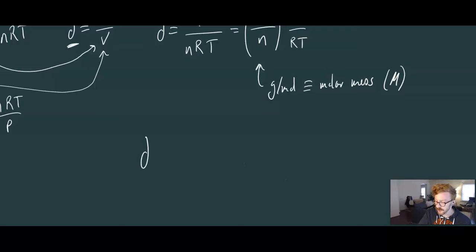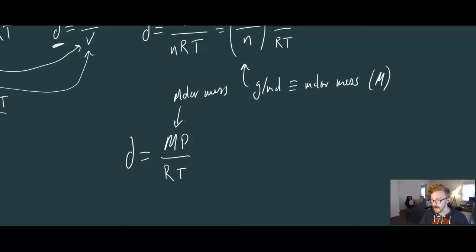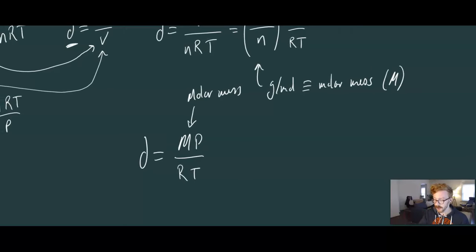So then the key equations here are density equals the molar mass, that's what I'm talking about here, multiplied by P over RT. You might want to mark that in your notes. This is the molar mass that we're talking about here, not molarity. And we can also do a rearrangement. I'm just going to skip ahead to show you that we can also isolate molar mass.